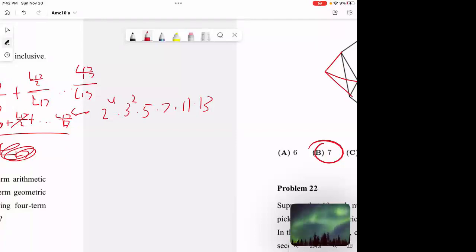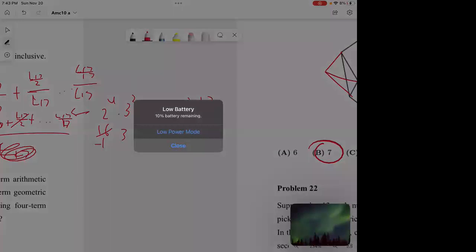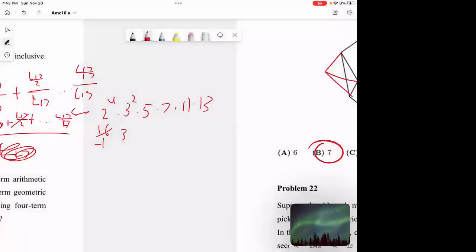2 to the power 4 times 3 squared times 5 times 7 times 11 times 13. So this is still 16, which is still negative 1. This 3 is 9. This is 5, 7, 11, 13. 5 times 7, 35, still 1.